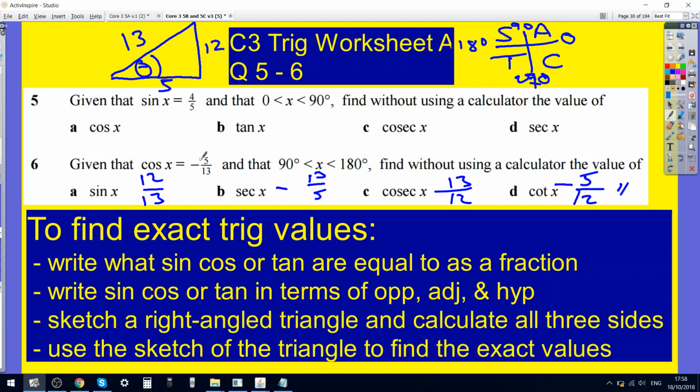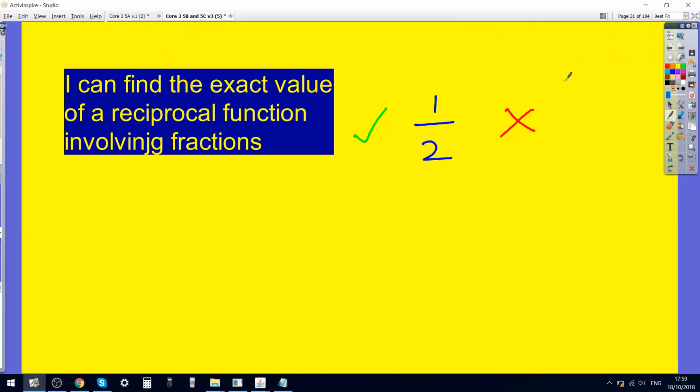In this case, we didn't have to say plus or minus 12 over 13 because we knew exactly which quadrant it was in. Okay.